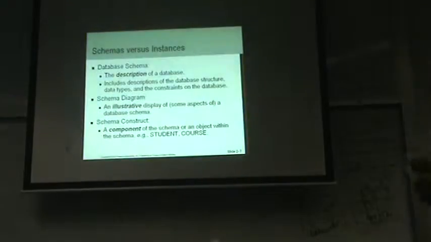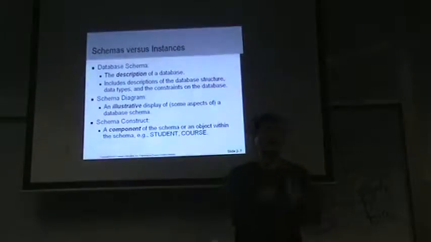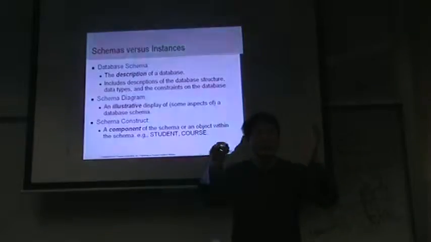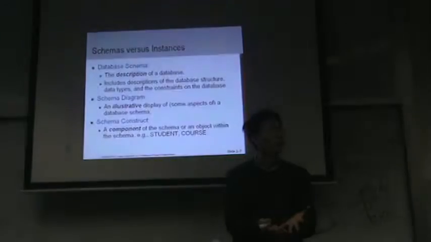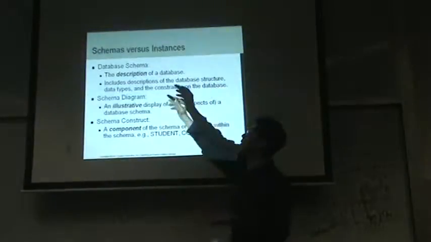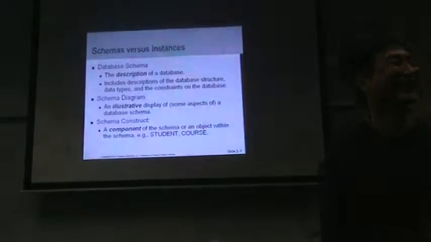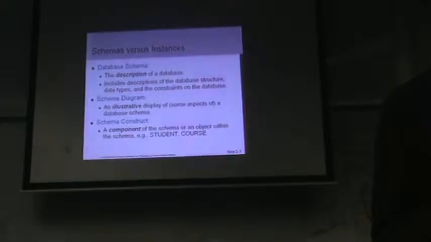It's a description. For example, I'd like to build a university database, which means I'd like to build something. I don't know what that is yet, but it's something that describes the university, right? So schema is this kind of description.